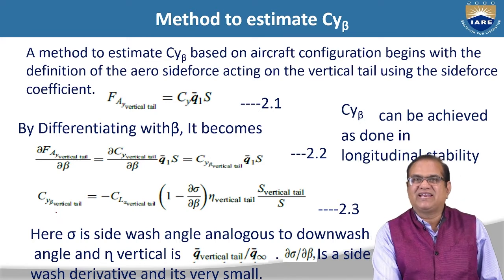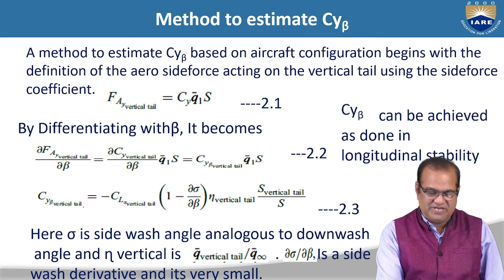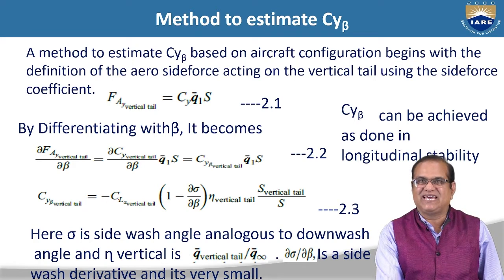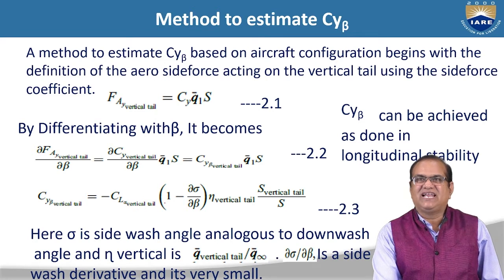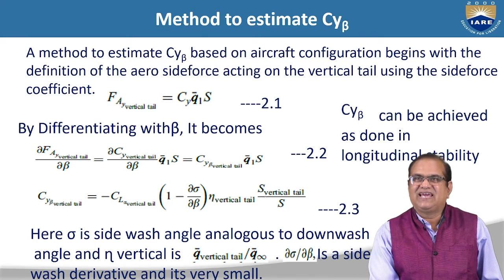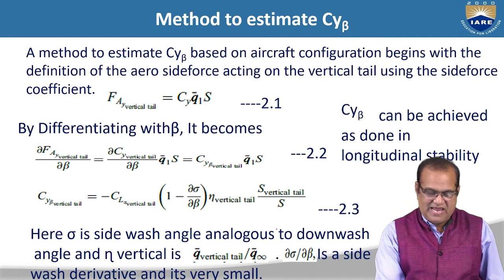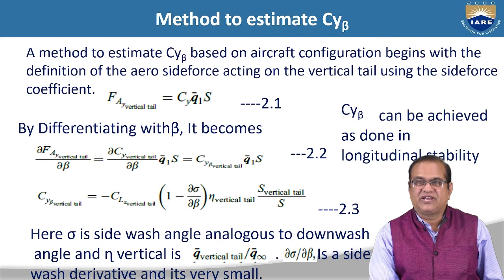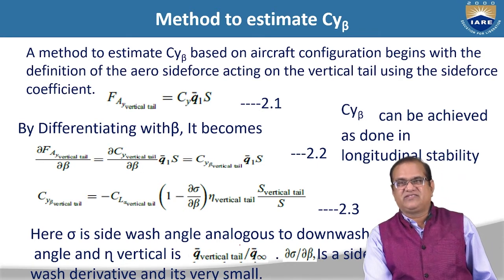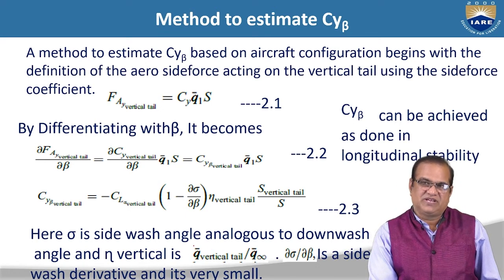Here we get Cy beta vertical tail equal to minus CL alpha vertical tail into 1 minus d sigma by d beta, into eta vertical tail, into S vertical tail by S. Here sigma is the sidewash angle, analogous to the downwash angle, and eta vertical is the ratio of Q vertical tail by Q infinity, the dynamic pressures.